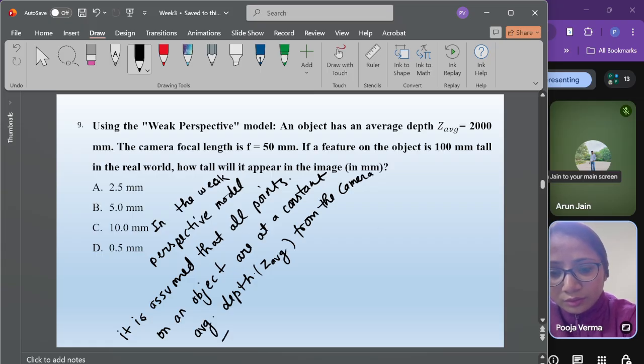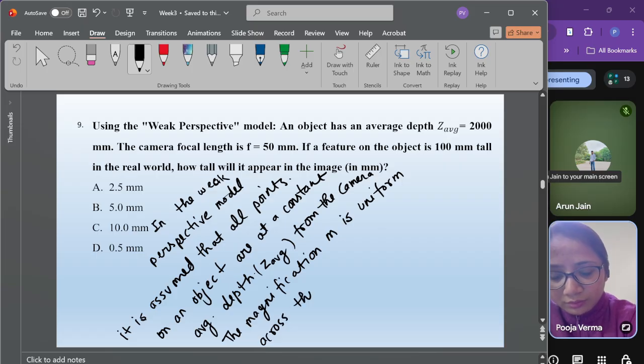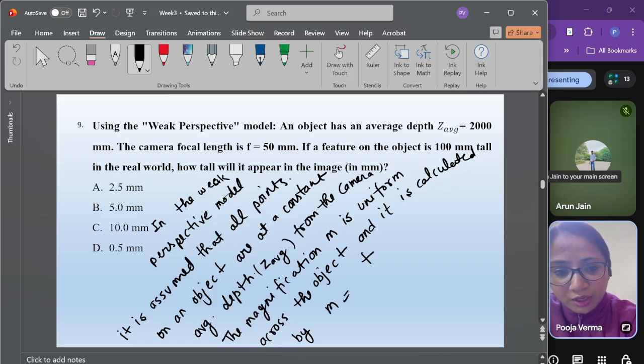So the magnification M is uniform across the object and it is calculated by this equation, M is equal to F by Z average.